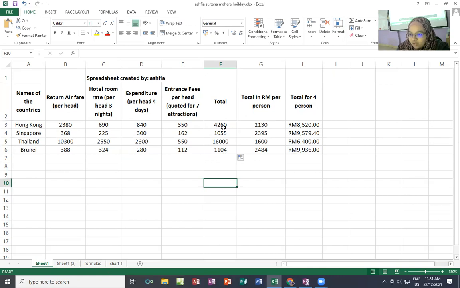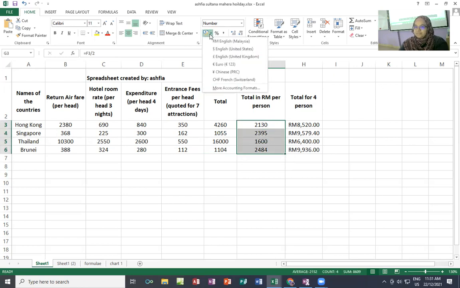This is the total of everything. So now you have to find the total of all of these in RM, in RM per person.